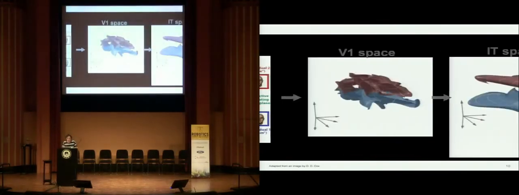So we can move then to something like a V1 space, making an analogy to the primate visual system, or mammalian visual system in general. These would be features like SIFT and HOG and LBP, the so-called hand-tuned or handcrafted features we were using in computer vision before deep learning became the rage.